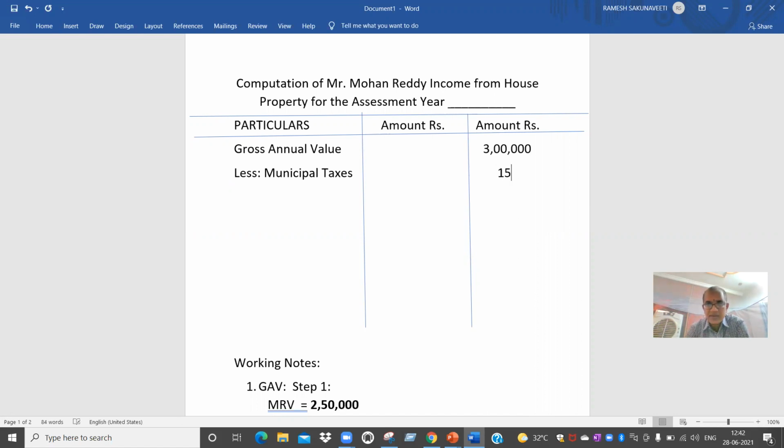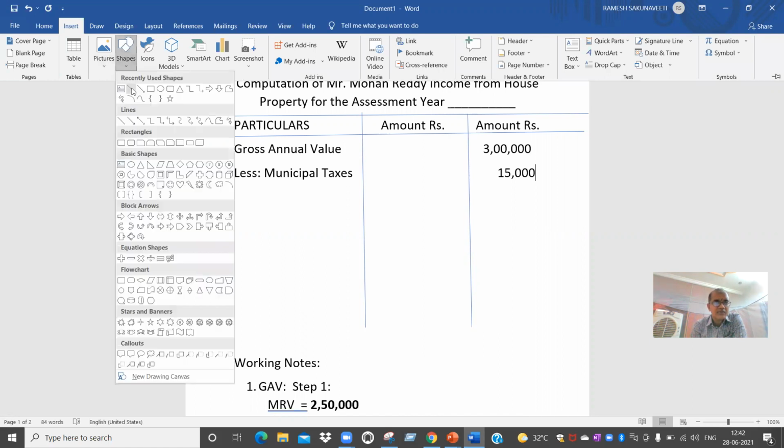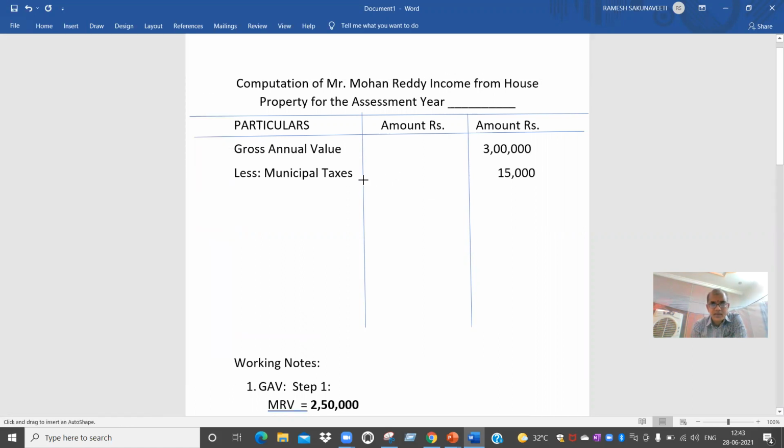Unpaid you should not take into consideration. So 15,000 rupees you have to deduct as municipal taxes. Now your net annual value will come. What is the net annual value? 2,85,000. If you deduct 15,000 from 3 lakhs, it will be 2,85,000.